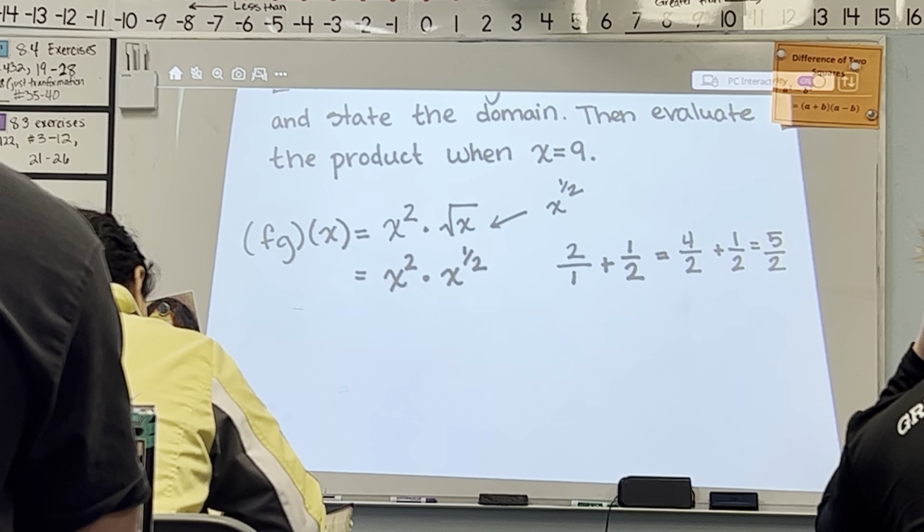So then plug in x. Now, for the domain of this thing, you have to consider the domain of your original problems. And I don't think I told you all that last time. And honestly, it kind of caught me off guard because I forgot. When you're multiplying two functions together, this one might look like it's a continuous domain, but you have to consider what you started with.